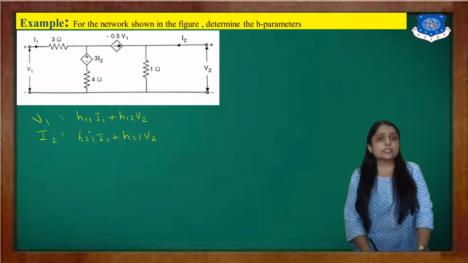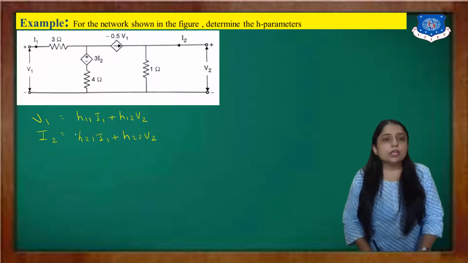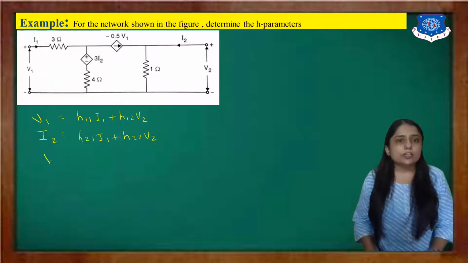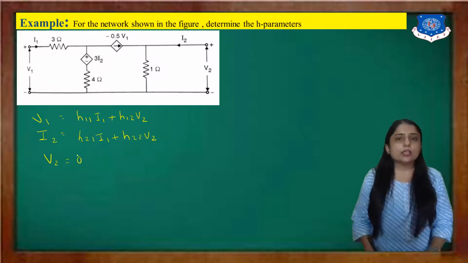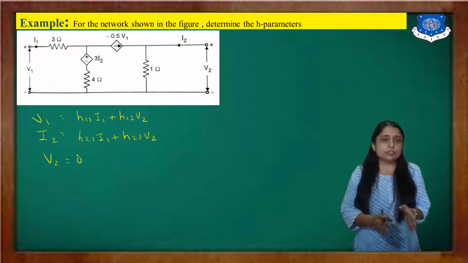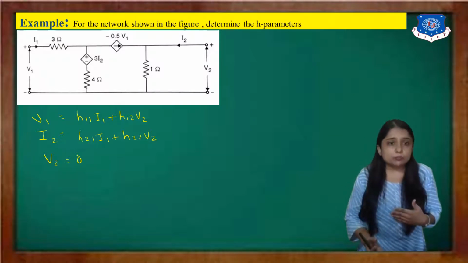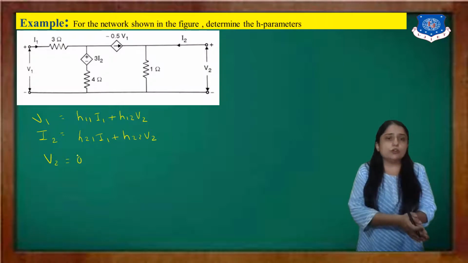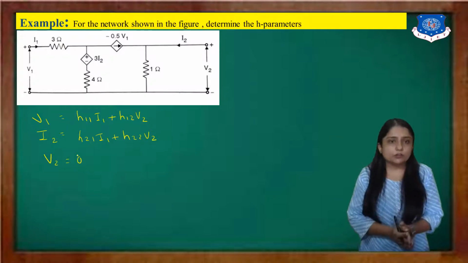Now as we discussed in the theory, if I want to find out the value of H11, then I have to take V2 equal to 0. V2 is related to the output side. Then I have to consider the input voltage equal to 1 volt.